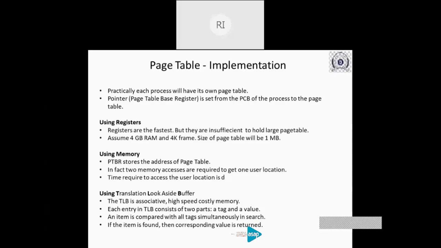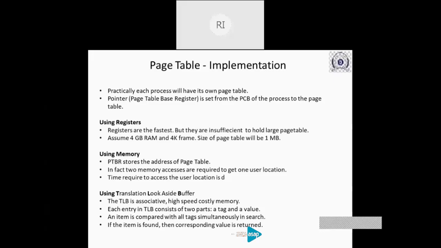An obvious way of storing the page table is in CPU registers because they are the fastest and will give the response very fast. But the problem is, when the size of the page table is very large, the number of registers will be insufficient to hold this huge page table.